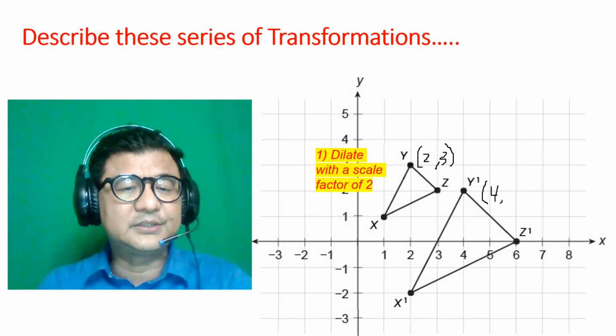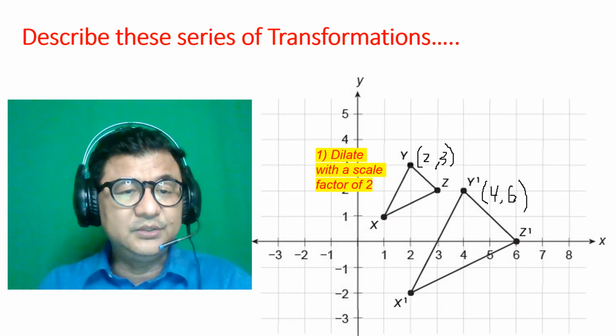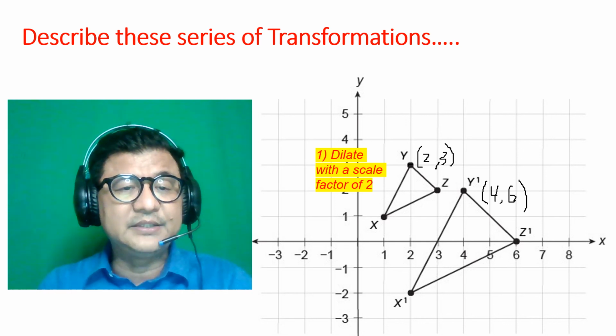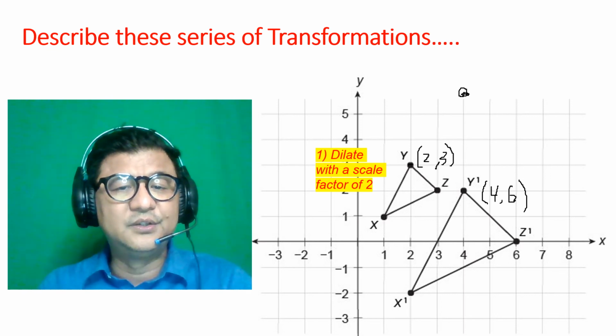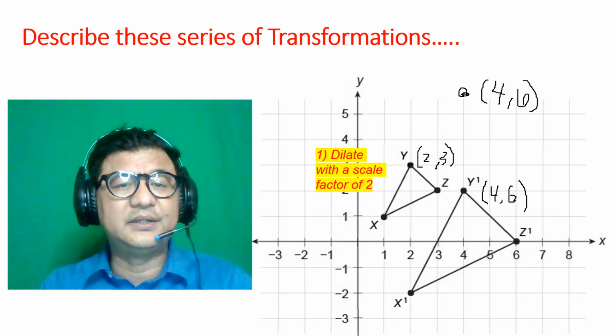And y prime would be 3 times 2, 6. But is my point at 4, 6? No, that's 4, 2. So if I dilate, my y prime should be here. 4, 6. My y prime should be here.